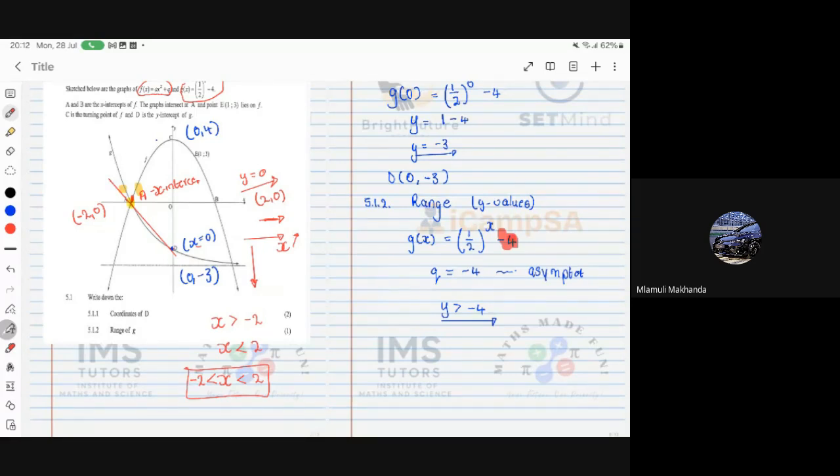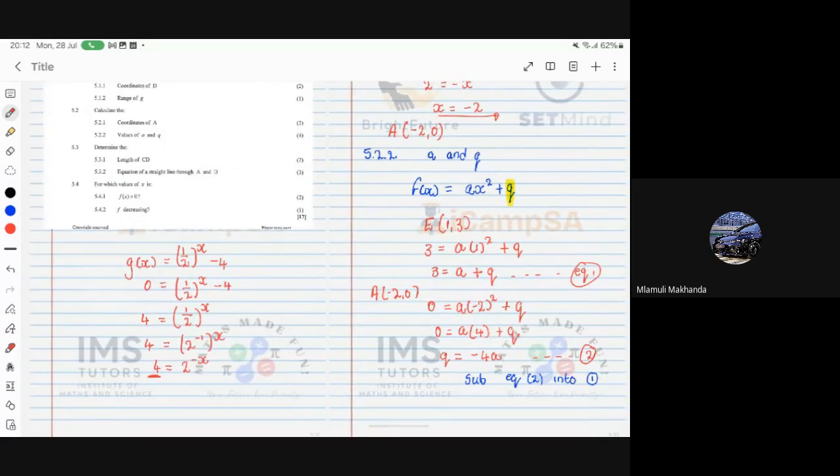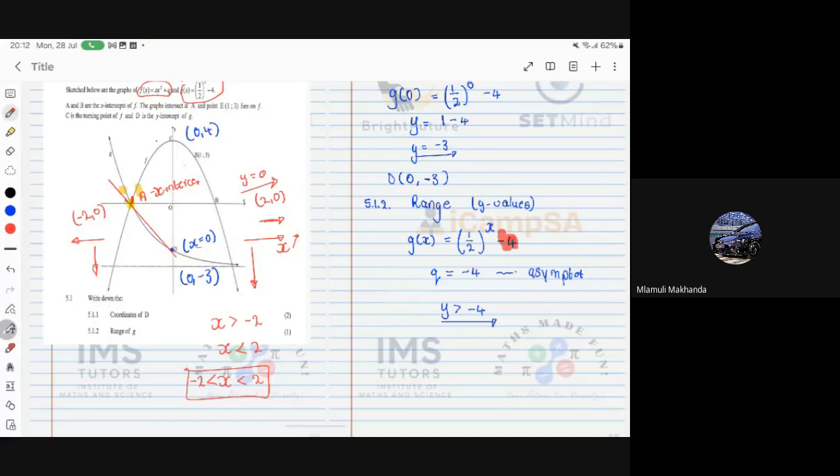So basically, going in this direction, the function is decreasing, and we only have to consider the values from 0 going up into the positive x values.